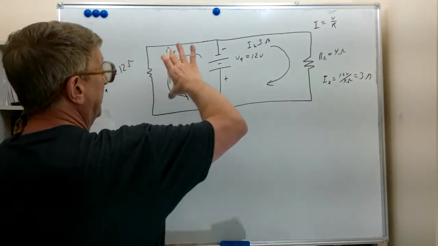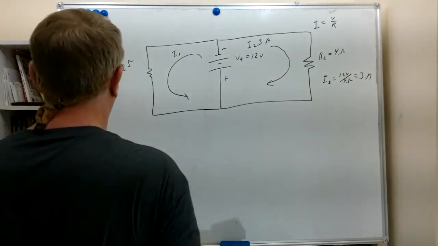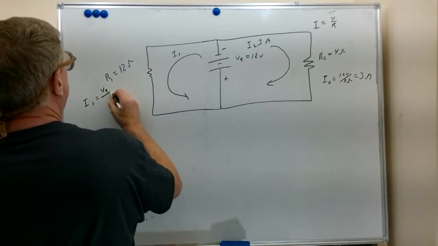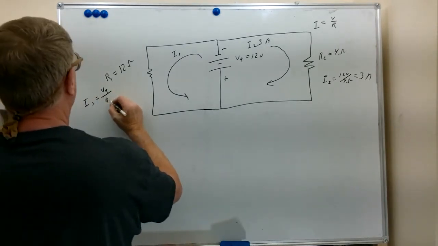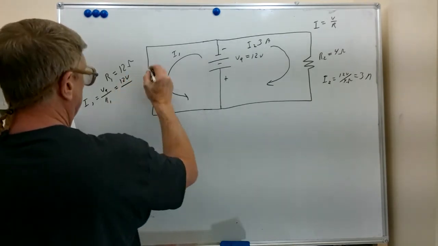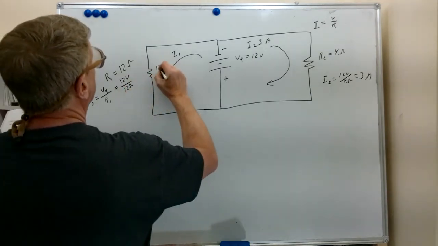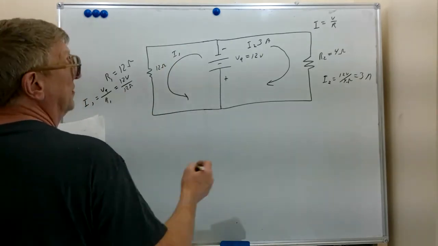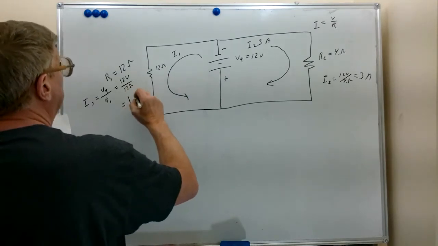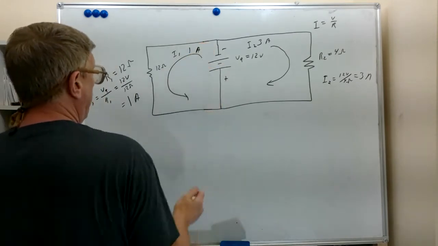The resistor is connected directly back to the source, the power supply, the battery here. Voltage applied divided by R1, which is 12 volts, divided by 12 ohms. So we end up with 1 amp. So we have 1 amp here for I1.